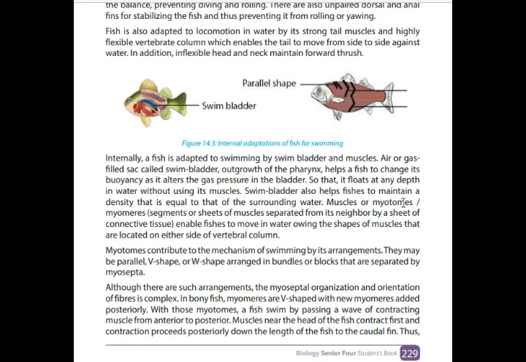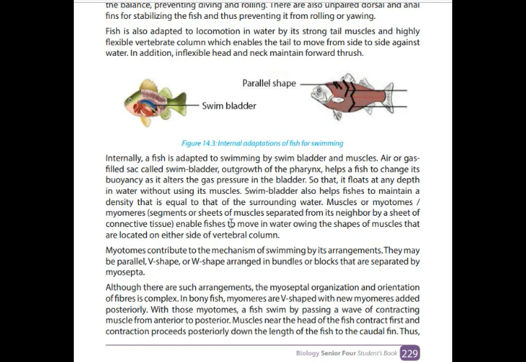This is understandable, I think. When a fish is moving, it makes waves from the front side to the posterior side, or the hind side.